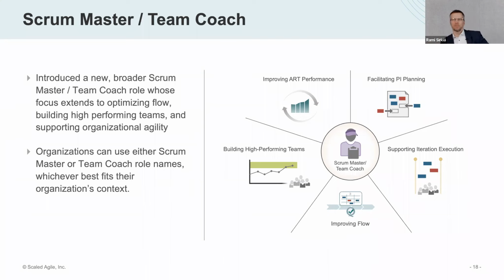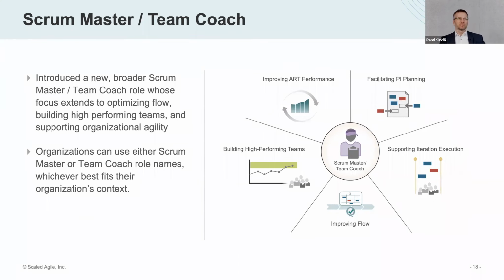So the team coach / Scrum Master obviously should be part of the PI planning and facilitating the single team, but also collaborating with other Scrum Masters and team coaches in order to optimize the plan itself. Obviously, they are supporting iteration execution and improving flow, again trying to highlight the transformational role of this team coach, that they would actually try to improve the operation of the team, i.e. removing impediments, removing waste, removing delays, so that the team can deliver value better.